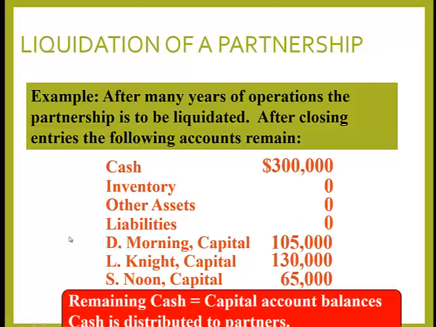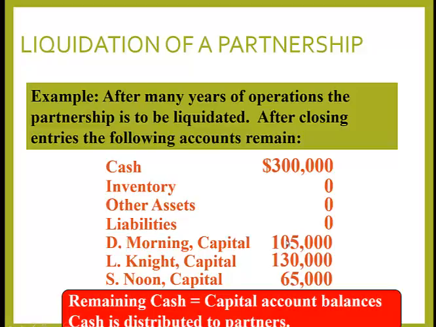Okay, the third step in the liquidation process is to distribute the remaining cash to the partners according to their partnership balance. So Donna Morning is entitled to $105,000 of the $300,000. Night gets $130,000, and Noon gets $65,000.